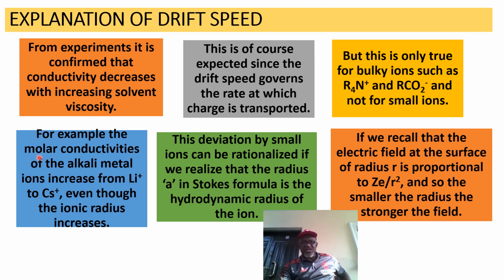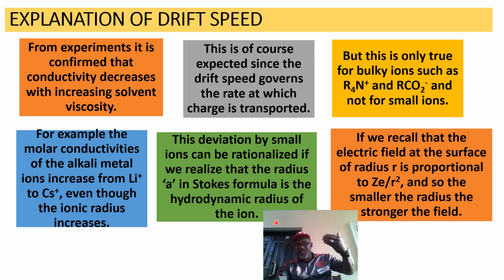So what we're trying to say here is that small ions with very large field will attract water molecules, because the a in Stokes' law is what we call the hydrodynamic radius. It's not just the ionic radius of any particular ion, but it also includes the water molecules attracted by it.